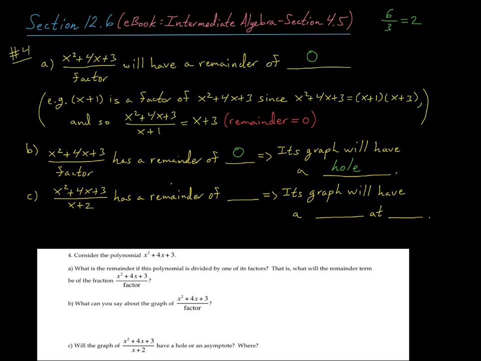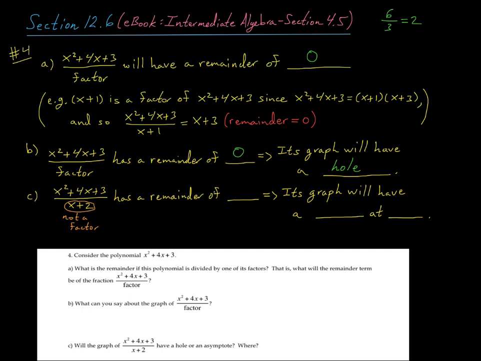And now for C, will the graph of x squared plus 4x plus 3 divided by x plus 2 have a hole or an asymptote, and where? Well, one way to answer this is that we know from up here the factors of x squared plus 4x plus 3 are x plus 1 and x plus 3. So x plus 2 then is not a factor. So it won't go into this numerator evenly.